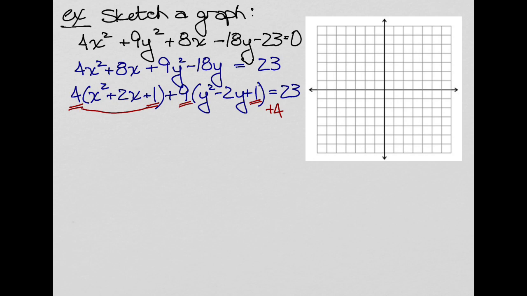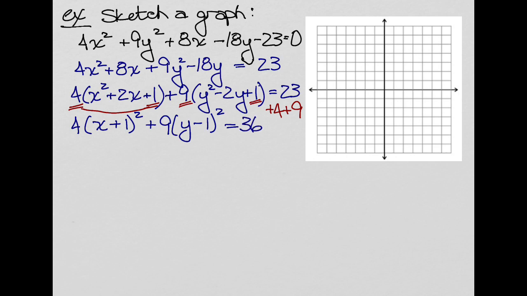So 9 times 1, I actually added 9. Good thing about completing the square, guaranteed we're going to factor when we're finished. So this is 4 times x plus 1 times x plus 1, and 9 times y minus 1 times y minus 1, equals 23 plus 4 plus 9, sounds like 36 to me.